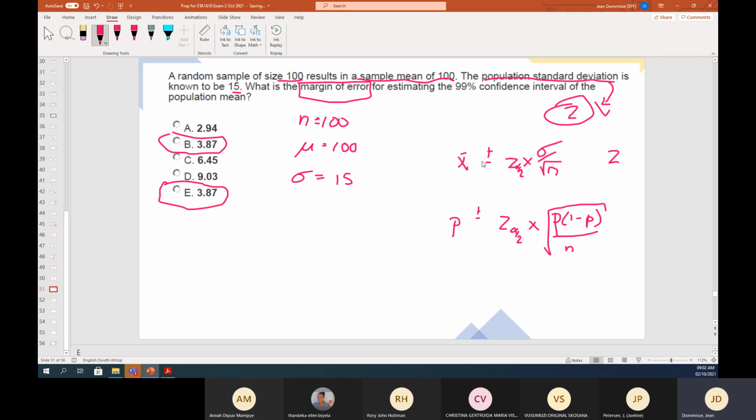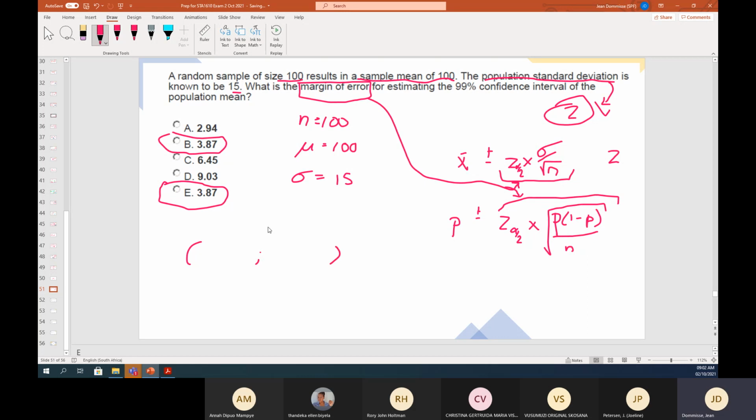So the margin of error is basically this part that you subtract from or add to the x-bar. Okay, so that is your margin of error.